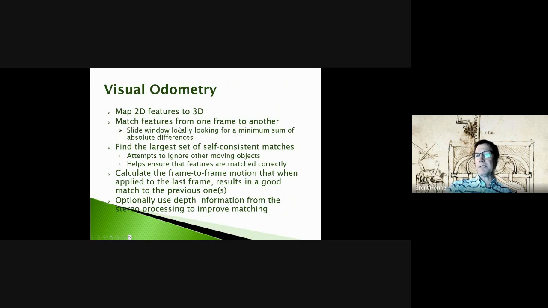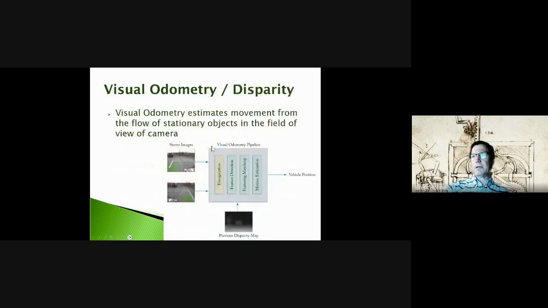So we want to take a bunch of different features. We want to do this for all these different features, and then we want to kind of imply some motion associated with that, and then make sure that that's all self-consistent, right? So we shouldn't have, let's say, this far end of this lane stripe moving in one distance and direction, and the other end some other way, right?